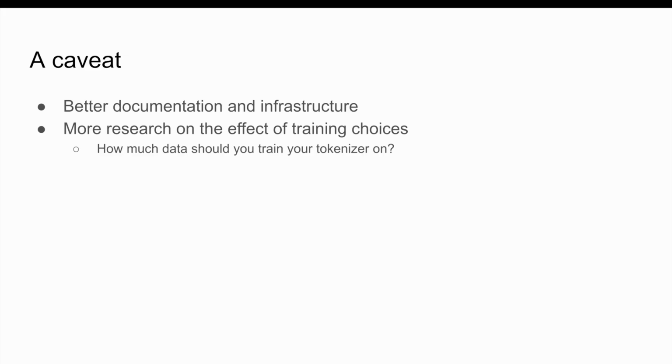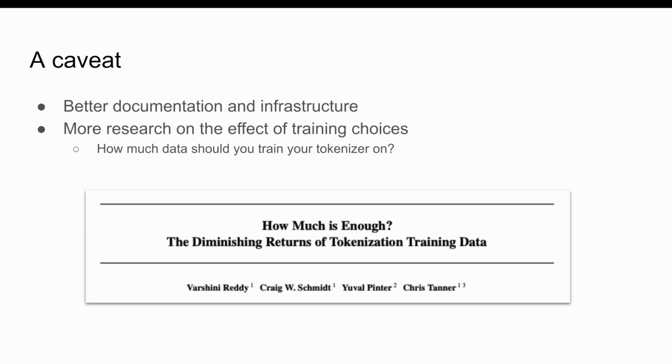This was basically a decision that was made kind of arbitrarily, or that was passed along by word of mouth. A recent paper did look into this, by a group mostly at Kensho. I recommend this paper, it's super interesting. They looked at what the effects of different tokenizer training data set sizes are. To my knowledge, this is the first paper like this, so I think we need more papers like this so we can know how best to train our tokenizers.